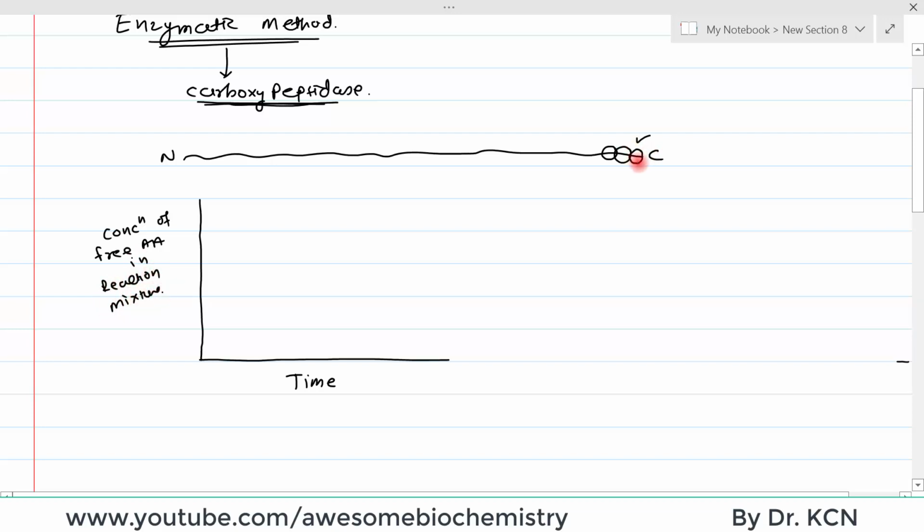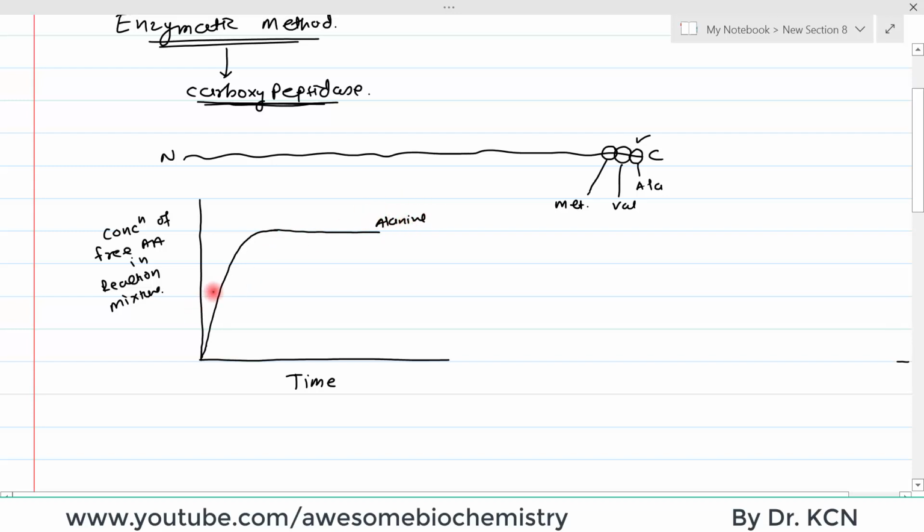Suppose this carboxy terminal amino acid is alanine, then this is valine, then this is methionine. If you mix this carboxypeptidase with this polypeptide chain, first the free alanine concentration will increase and reach its peak. So, this is the graph for alanine.